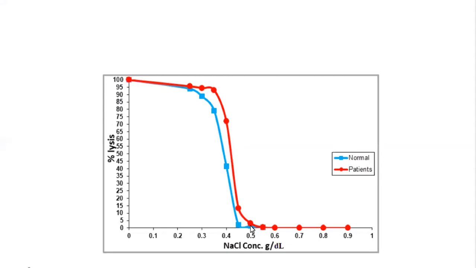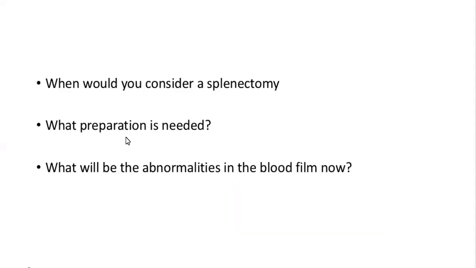So when it is lowered and lowered, you can see that they have started hemolysis just after 0.5% saline, and by 0.4% saline, the hemolysis is completed, right? A normal person starts a little later, and completing hemolysis takes even later. They have already completed by 0.4%. So these graphs might be given for your interpretation, right?